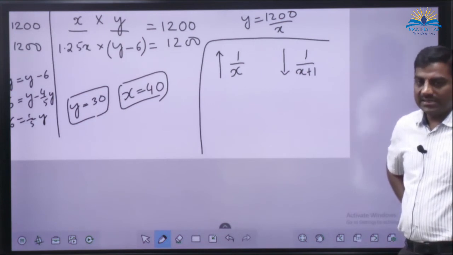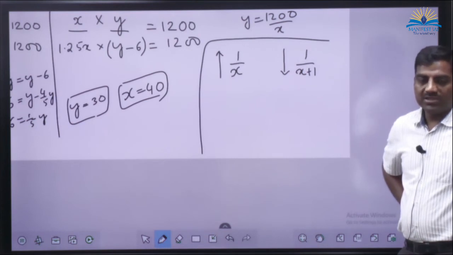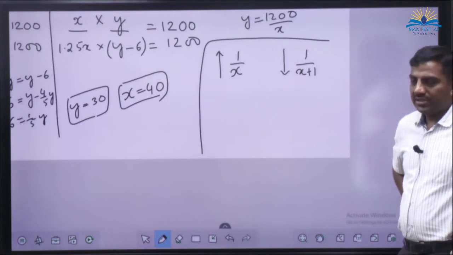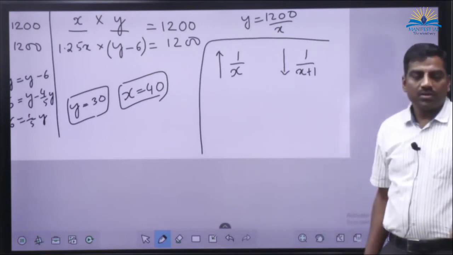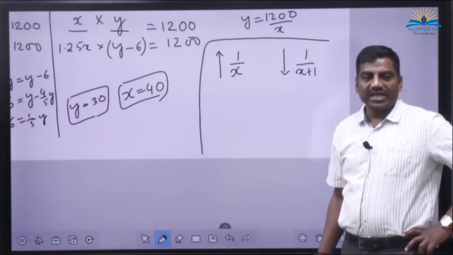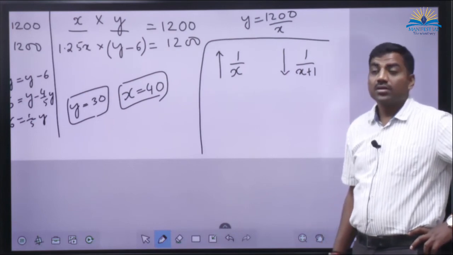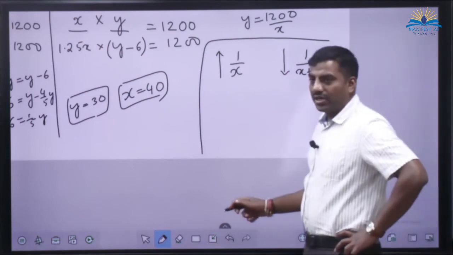What is the price rise in the previous problem? By how much percentage? 25%. 25% in terms of fraction, how will it be? 1 by 4, right?